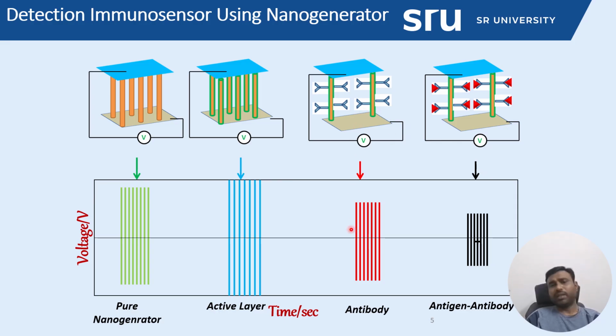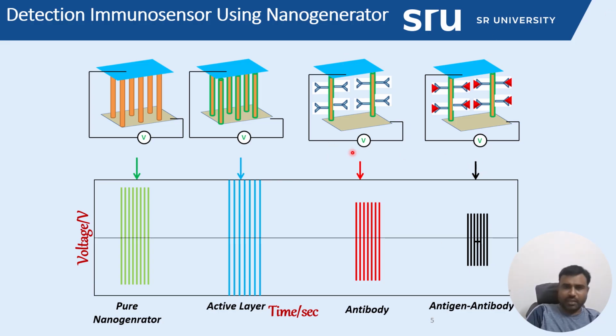What will happen? Here the electrical output after attaching the antibody significantly reduces compared to the first pure nanogenerator and the active nanogenerator. Why? The reason for the reduction of voltage is the insulating characteristic of this antibody. It significantly affects the electrical conductivity between the copper foil and titanium foil, between these two electrodes.